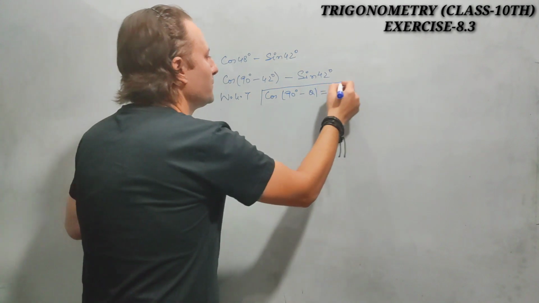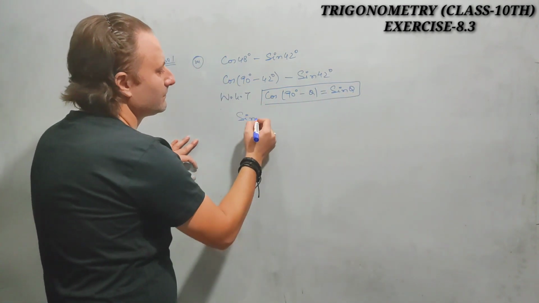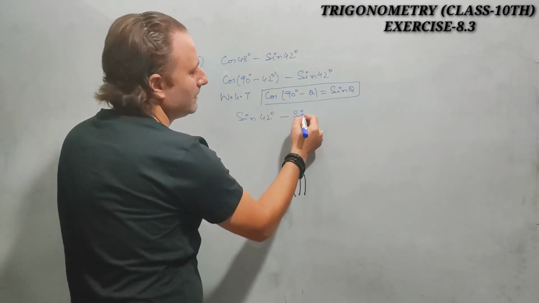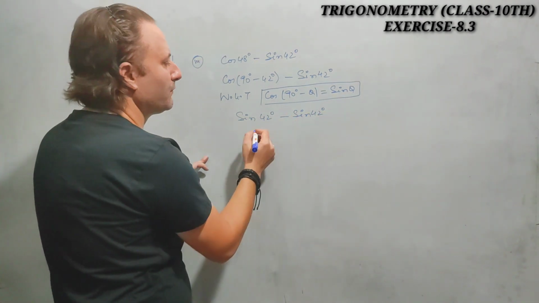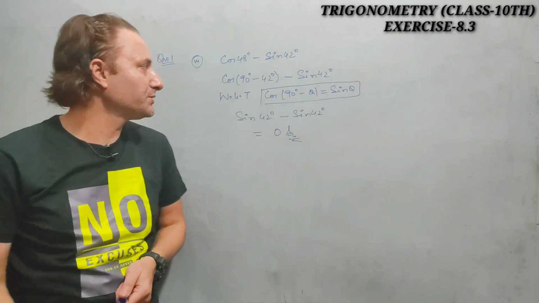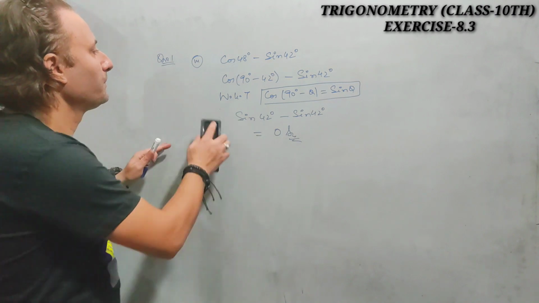So this thing will become sine theta. We have theta as 42 degrees. Then we have again sine 42 degrees. Sine 42 degrees minus sine 42 degrees is 0. Right? So this finishes part number 3, and now we'll go to part number 4.